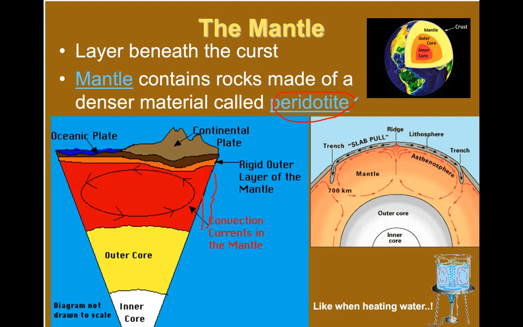So anyway, the rock type is peridotite, which is mainly composed of olivine plus some minerals like pyroxenes, right? There are types of pyroxenes. We will learn about the classification of minerals later on. And these are also silicates, but iron and magnesium rich silicates.